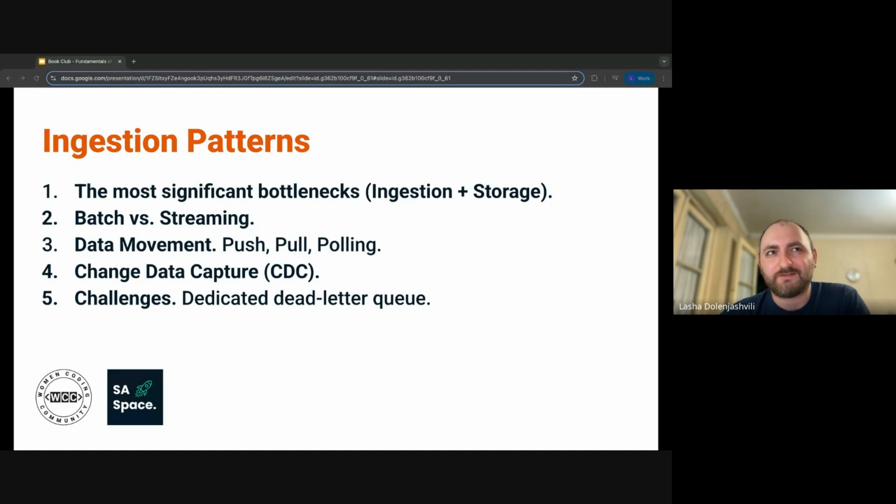The book notes that ingestion and storage are often the most significant bottlenecks in the entire life cycle because source systems are outside of our control. I mean, outside of data engineers' control. For example, an API can change, a database can go down.